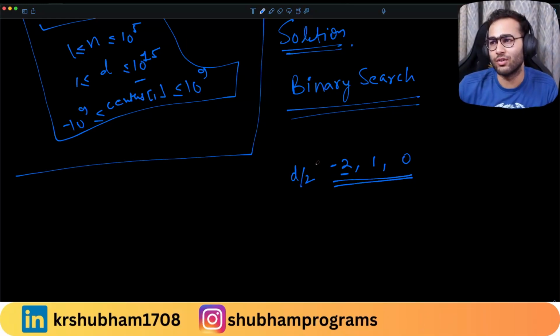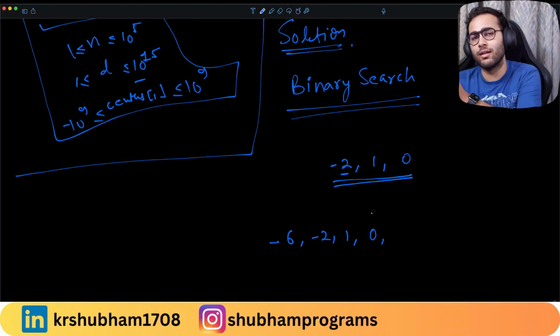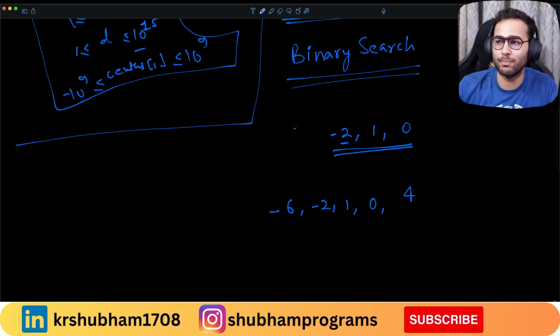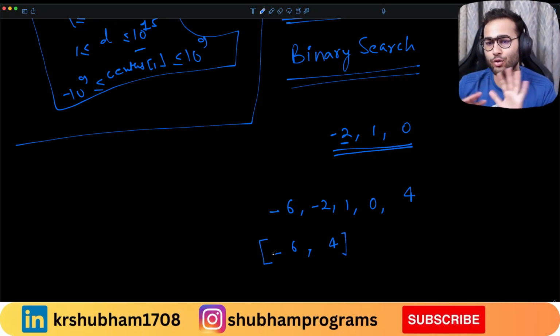D is 8, so I can consider points between -6 and -2, 1, 0, and 0 plus 4. So my solution space, the points that will be in my solution, will range from -6 to 4. There are no other points possible.